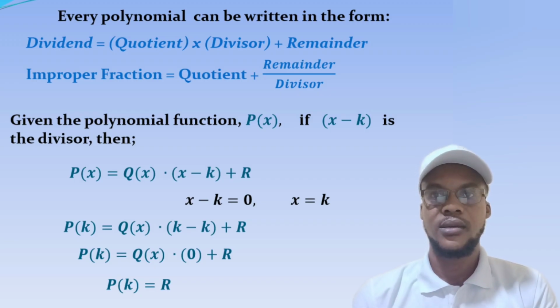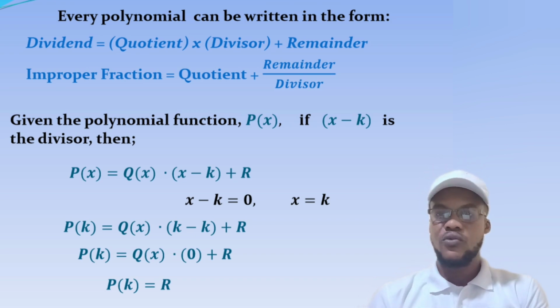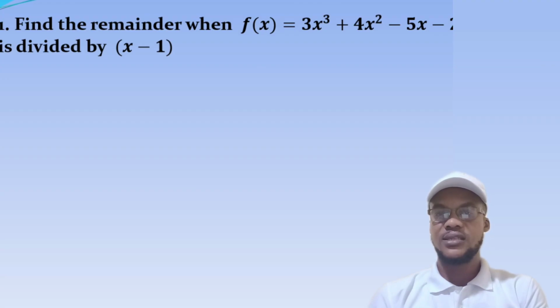Now let's take an example and see how we can find the remainder. Let's take this as our first example. We are to find the remainder when f of x is equal to 3x cubed plus 4x squared minus 5x minus 2 is divided by x minus 1.